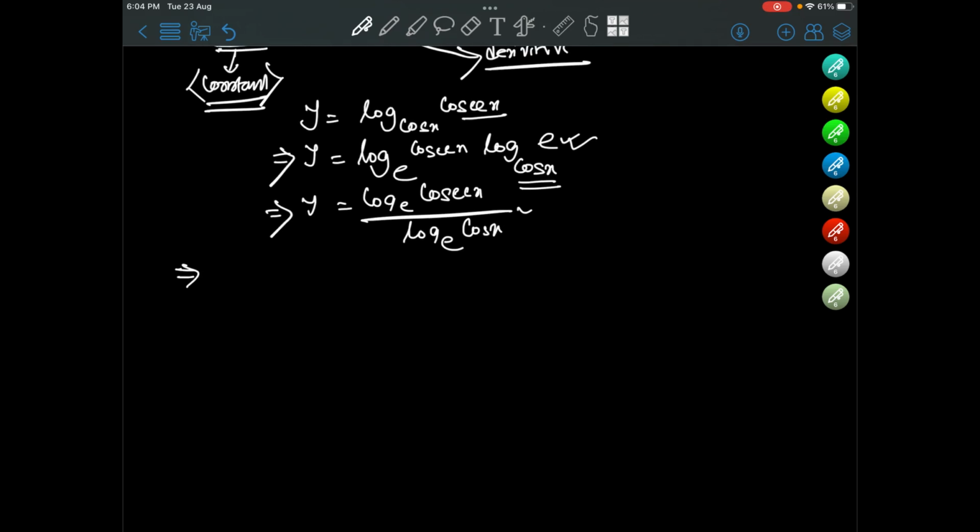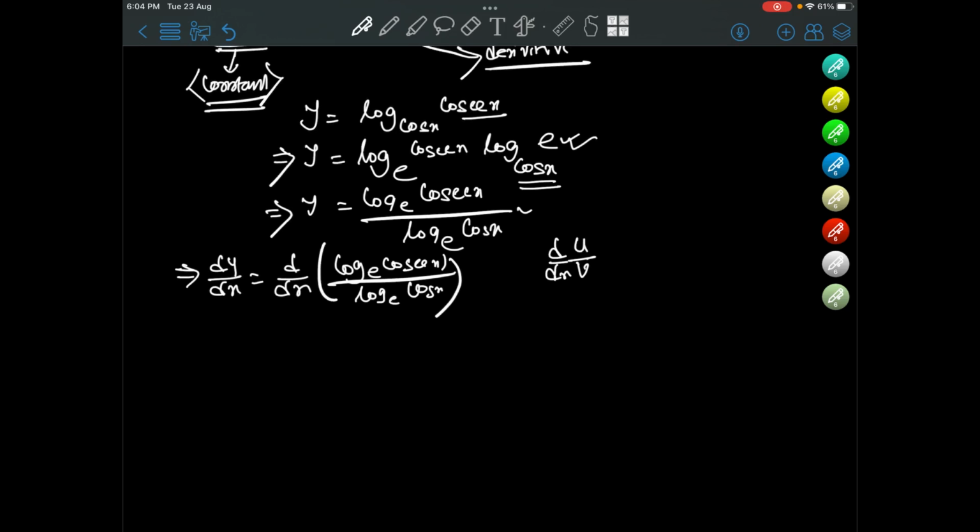Now we are going to perform the derivative with the function we get. What formula are we going to use? We are going to use the formula of division. What is the formula of division? d of u by v is v into du/dx minus u into dv/dx, divided by v square.